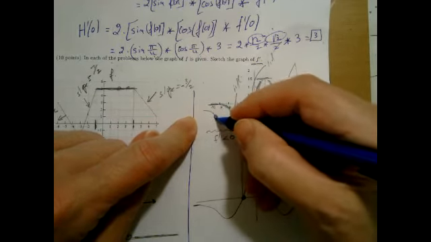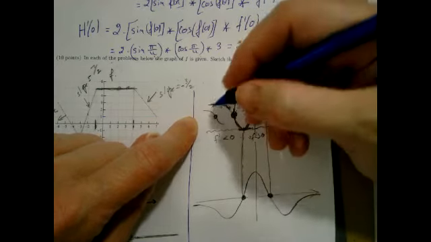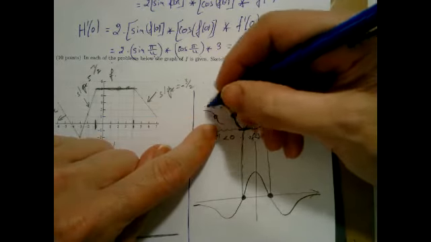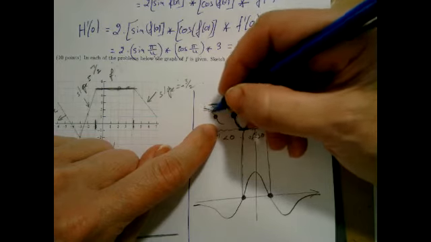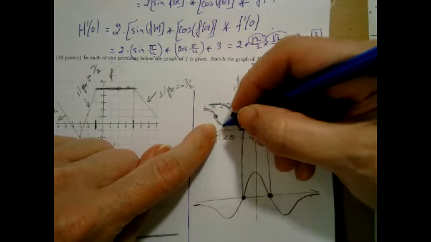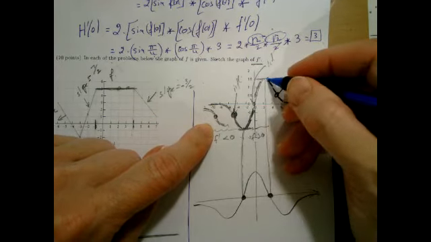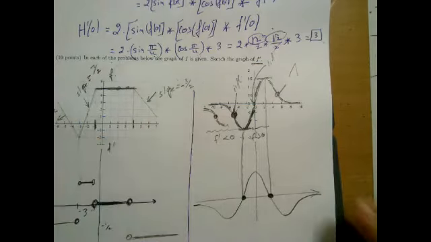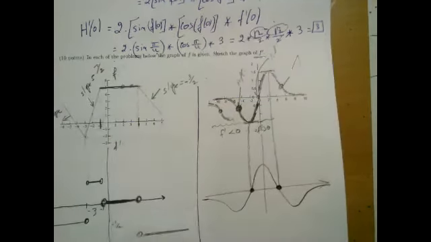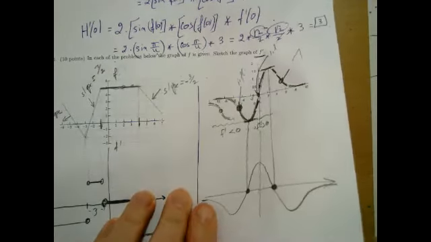That's really where the change occurred. Prior to the inflection, it's getting more negative, and after that, it's becoming less negative. So the change really happened at the inflection point. And the same thing happened here, and here. So go over this problem carefully so you can remember how we did that.